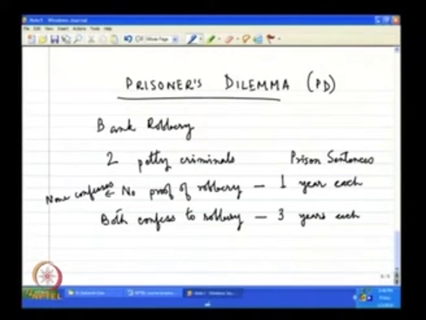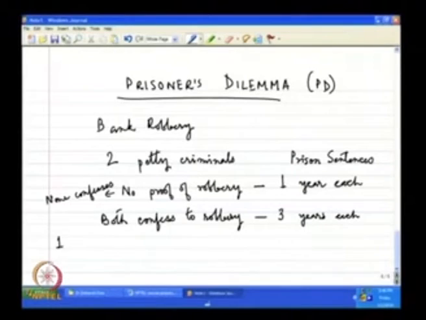What can be the other possibilities? The third possibility could be that the first prisoner confesses that he has robbed the bank. Now remember, when he says that I have robbed the bank, obviously he implicates the other person also, because it is known that if anyone has committed the crime, the other person has been an accomplice.